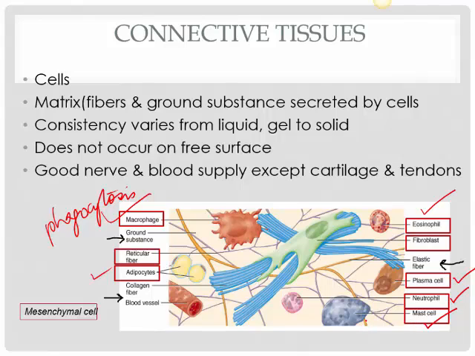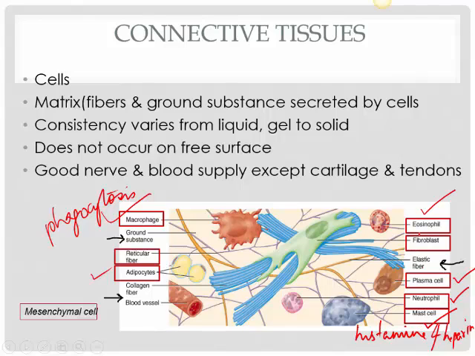These mast cells usually take part in allergies because inside they have granules which liberate a substance known as histamine, and they liberate heparin as well. The granules produce histamine and heparin, and so when these cells are stimulated, they release that substance. So mast cells liberate histamine and heparin.